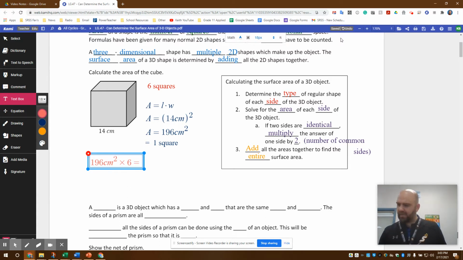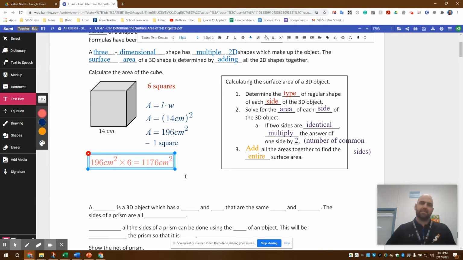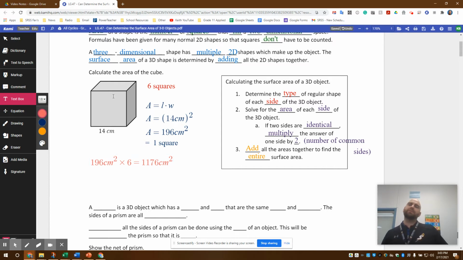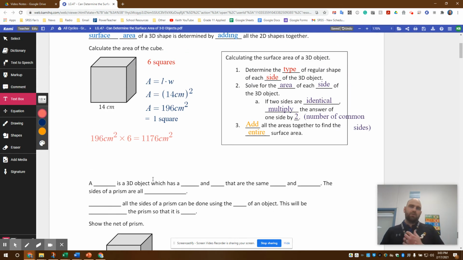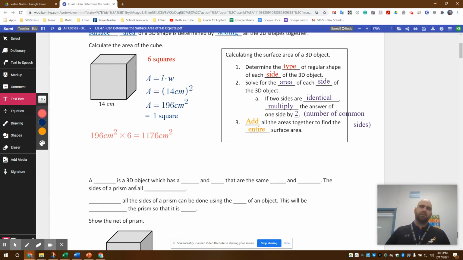If you want to use a calculator at this point, it's going to be 1,176 centimeters squared. That would be the entire surface area for this cube. Now, that is a regular 3D shape. In this case, all the sides are the same. If we had different sides, we'd have to find each individual side by itself.